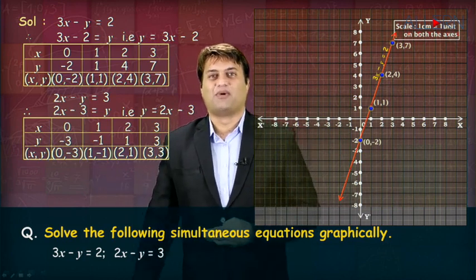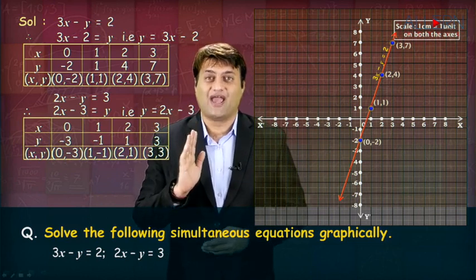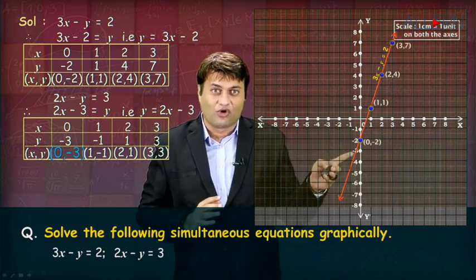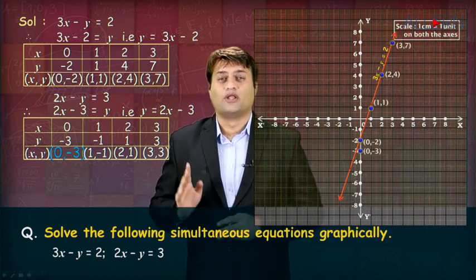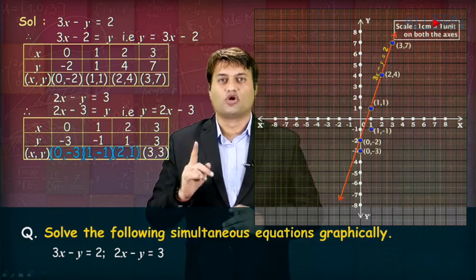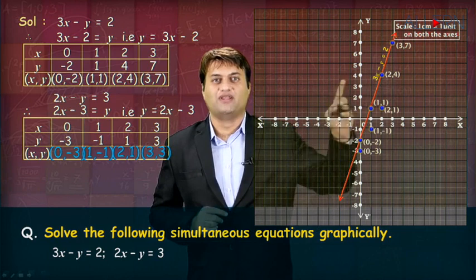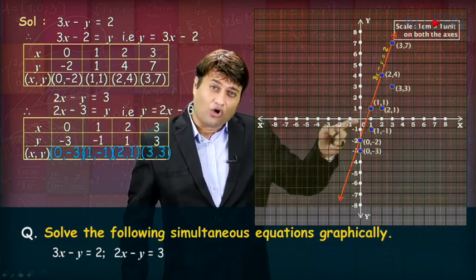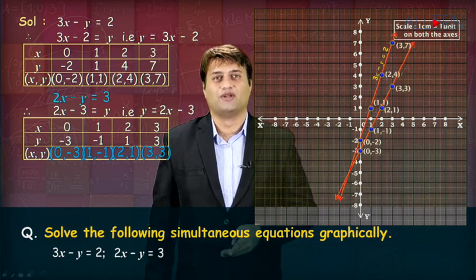Second, 0 comma minus 3, again the x coordinate is 0. So, the point will be on the y axis, 0 comma minus 3 will be on the y axis at minus 3. 1 comma minus 1 in the fourth quadrant, 2 comma 1 in the first quadrant, 3 comma 3 in the first quadrant. All the 4 points are collinear, join them, write the equation on it.